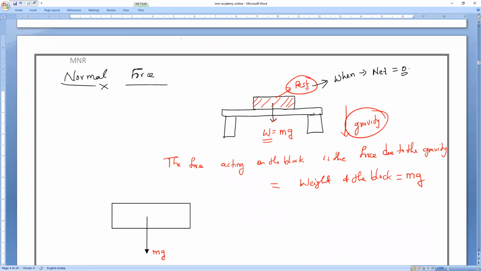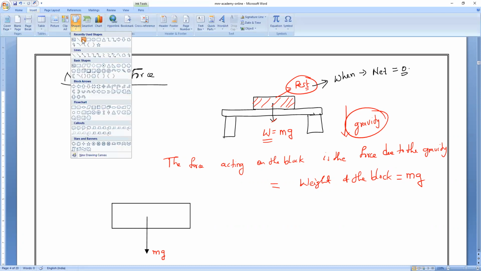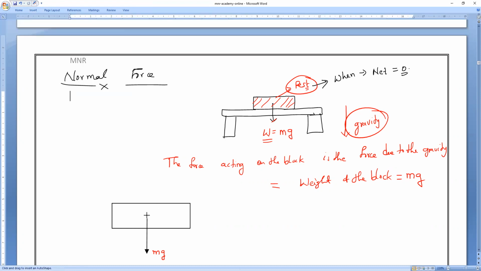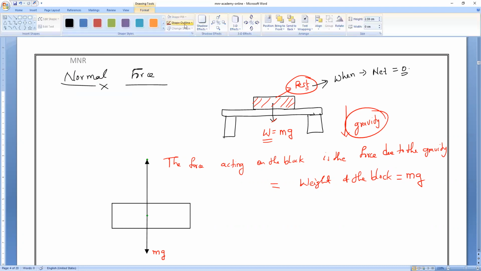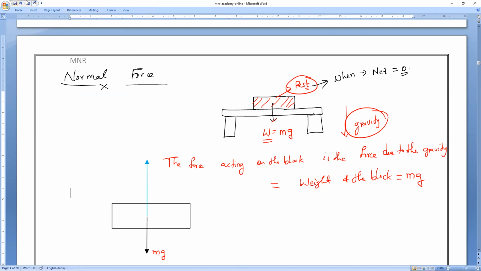Means there must be a force which is acting vertically upward. Am I right, Mari? If not, this body should fall downwards. Am I right? Yes, sir. So there is a force acting vertically upward, and that is why the body is in a state of rest and is not moving downwards.